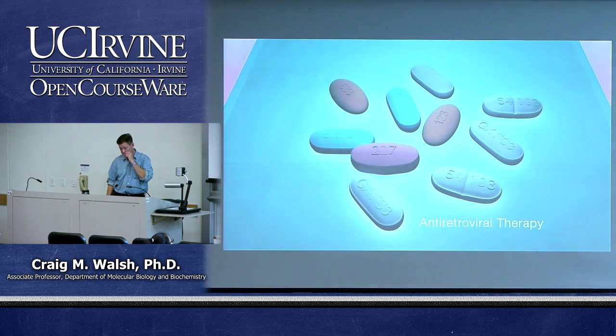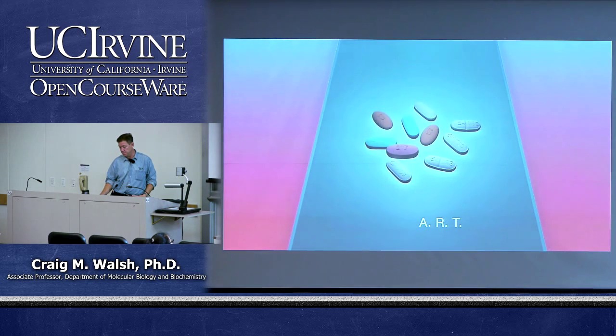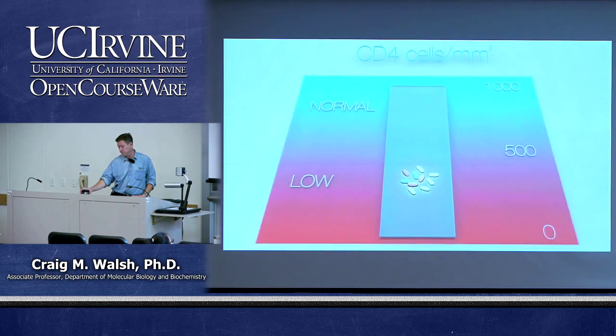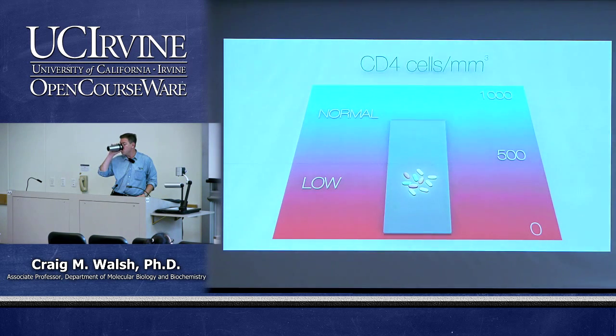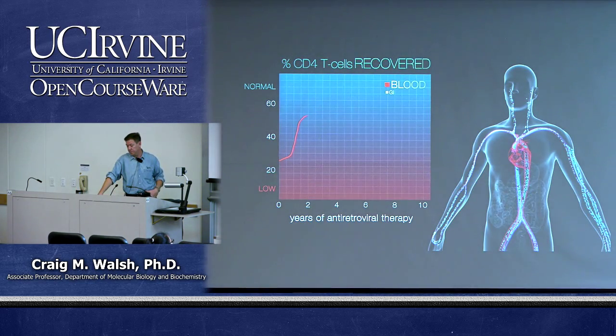Today's HIV treatment, known as antiretroviral therapy, or ART, is recommended to patients before CD4 counts drop dangerously low, or when AIDS-defining illnesses occur. In the peripheral blood, ART can reduce viral load to undetectable levels and often restores normal blood CD4 counts.